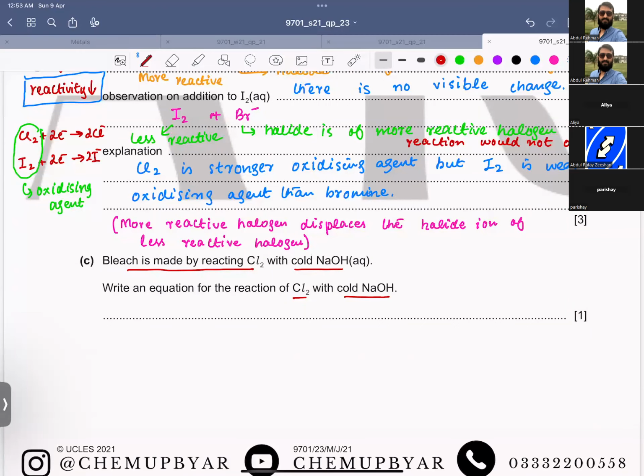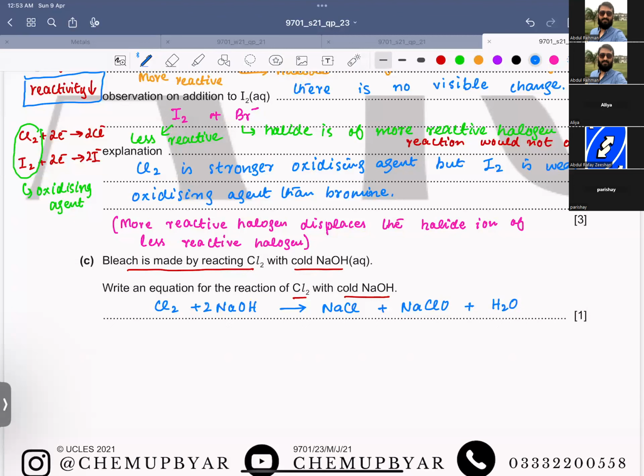So this equation you need to memorize: when chlorine reacts with cold NaOH, we will get one NaCl, one NaClO and H2O. If you try to balance the equation, you have to put 2 over here.